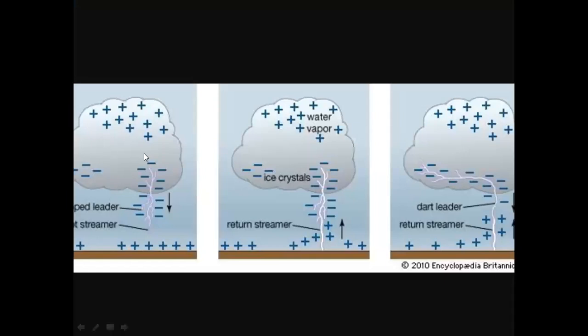Okay, these are actually sketches which show the lightning. So you can see that the clouds are actually charged, and that is because when the moist air goes up, this moist air becomes charged because of the friction.